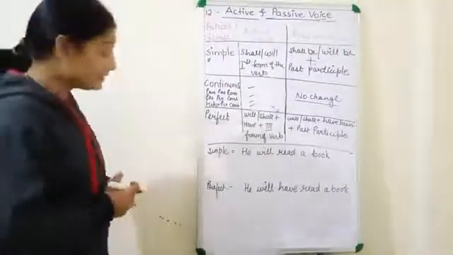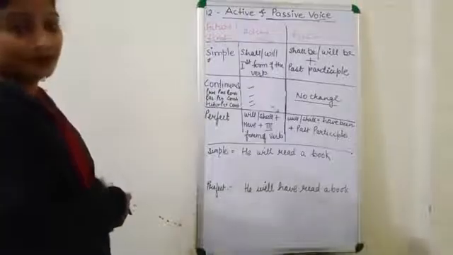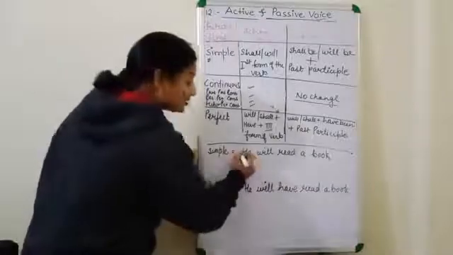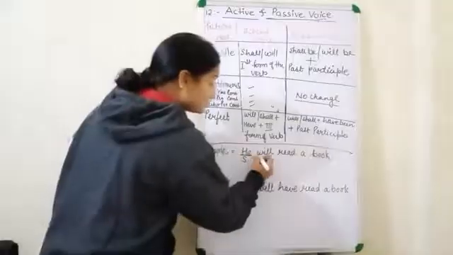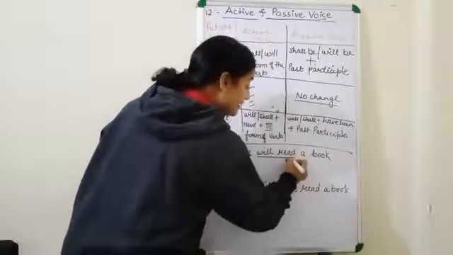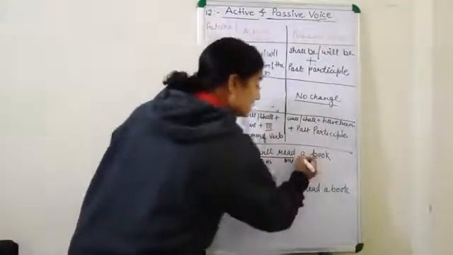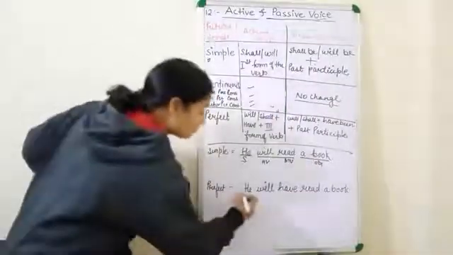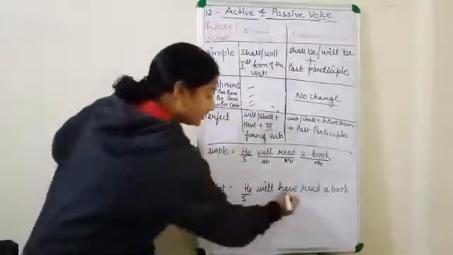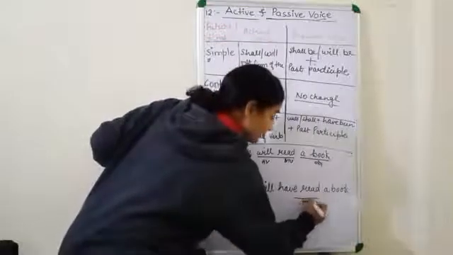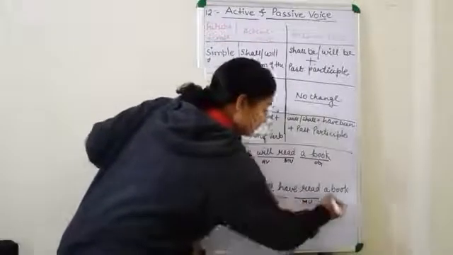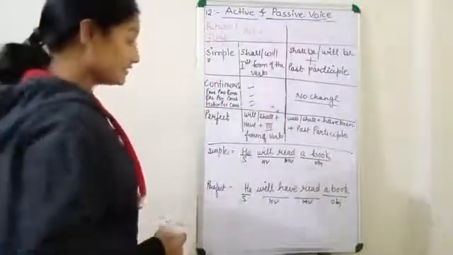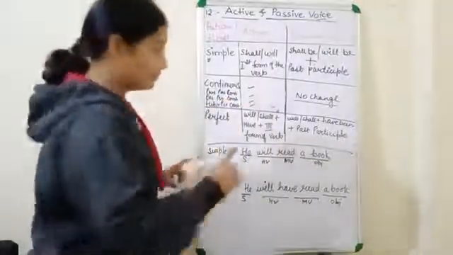Now see the sentences. He will read a book. Once again, this is your subject, this is your main verb, helping verb, and object. The same thing we can see here also. Now change this. Again, come to the rule.